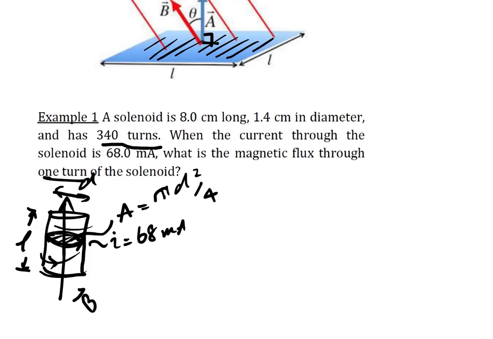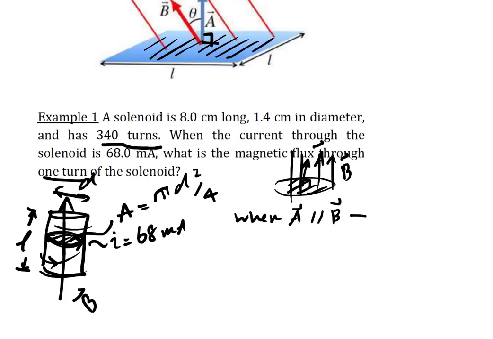In this case, the area vector A is parallel to the magnetic field. When vector A is parallel to vector B, the dot product between A and B is simply AB.